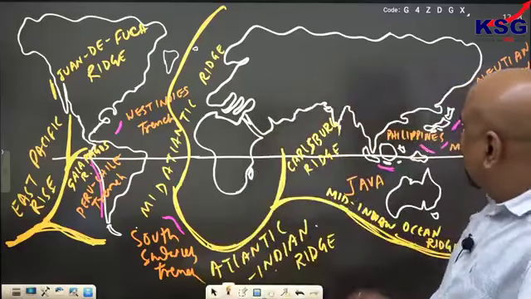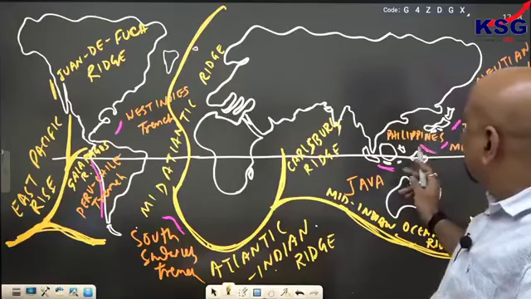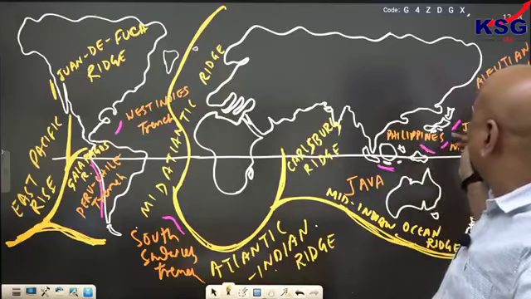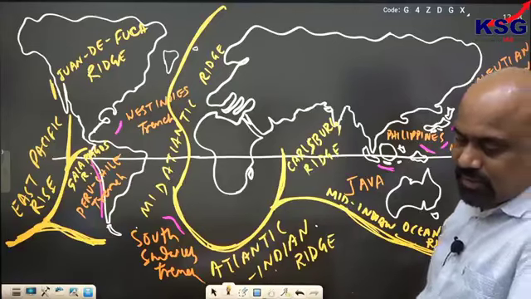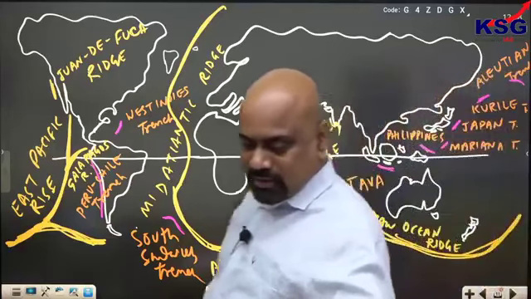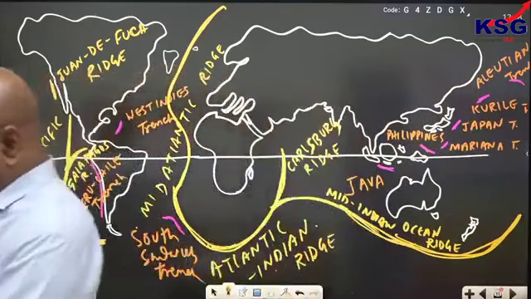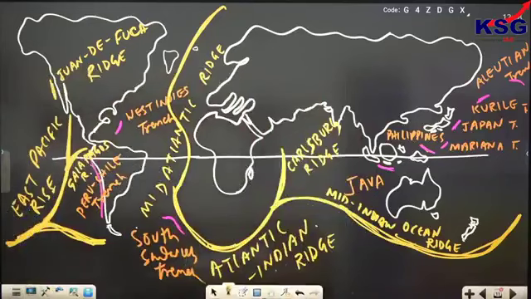So Mariana Trench, Pacific; Philippines, Pacific; Japan, Pacific; Kuril, Pacific; Aleutian, Pacific. Okay, these are the trenches here. You can see Cayman, Java Trench. You can see all these trenches.